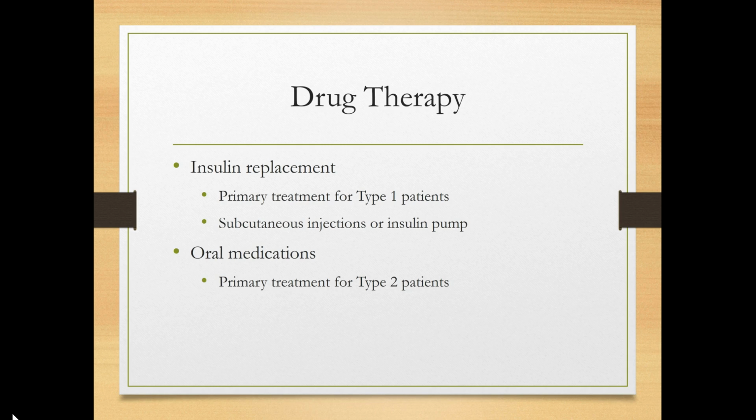Most children today are placed on insulin pumps because it's easier. It checks your blood sugar for you and mimics your body better. Most children today are not giving themselves injections like everybody was 40 years ago. My dad still gives himself injections, but I think he's one of the few people that still does. Oral medications, you're not going to see really in type 1. You're only going to see them in type 2.